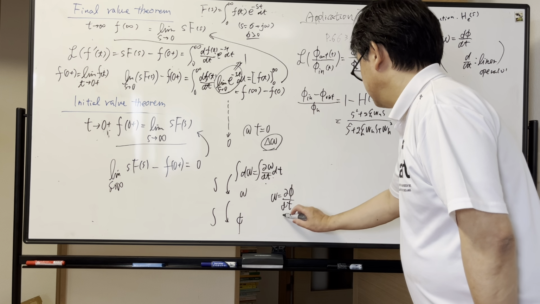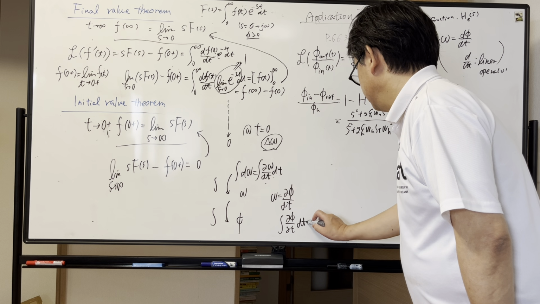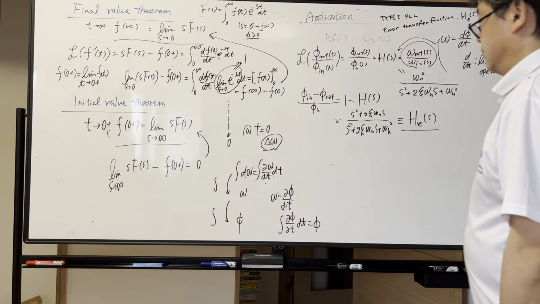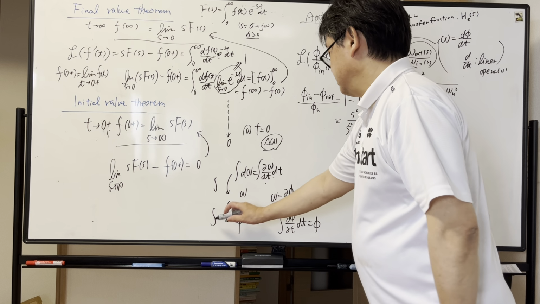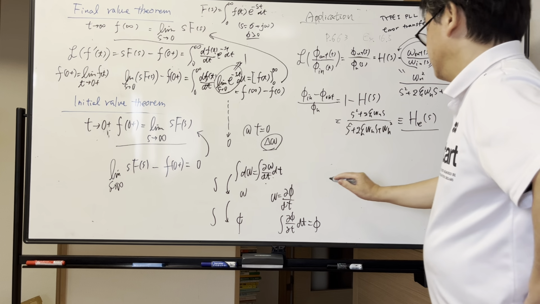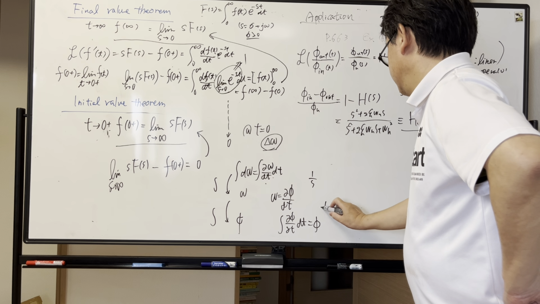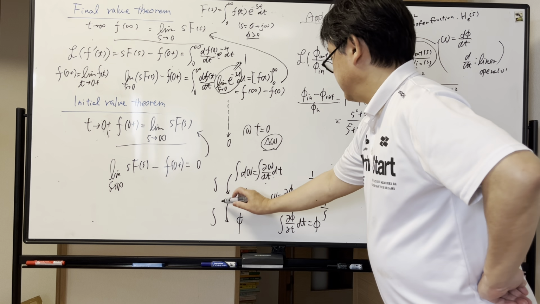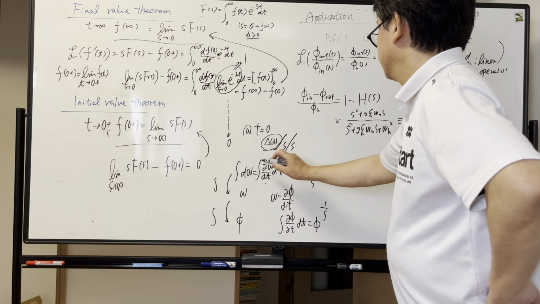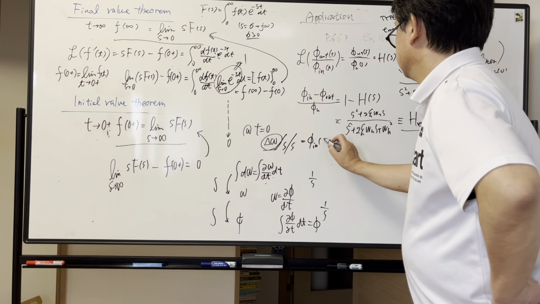So integrating del phi del t dt makes phi. In Laplace transformation, integration is just multiplying by 1 over s. So multiplying 1 over s twice makes phi of s input.